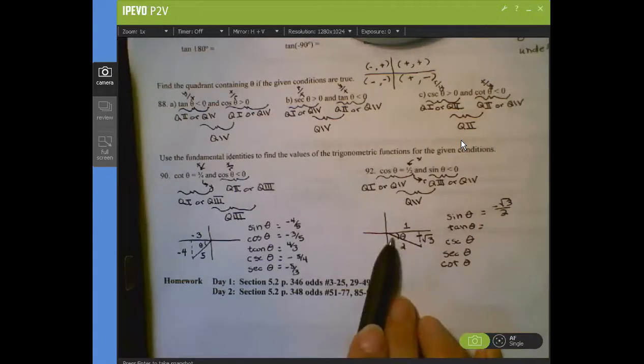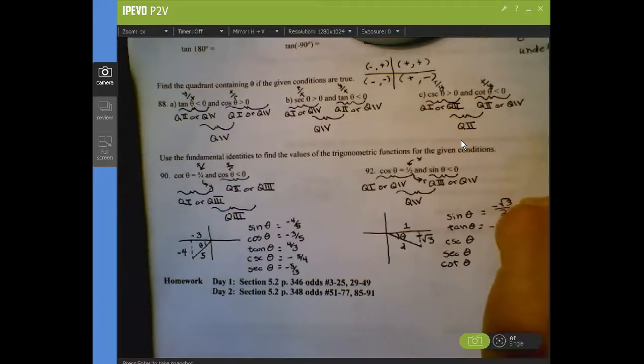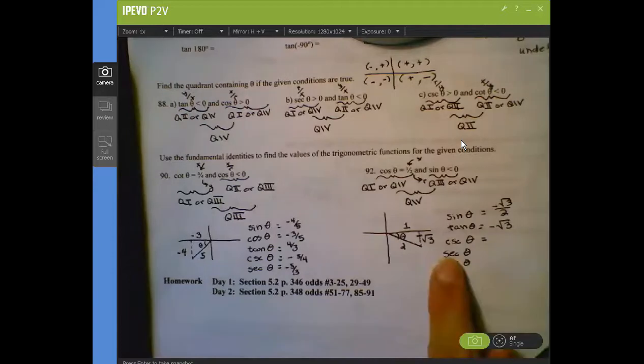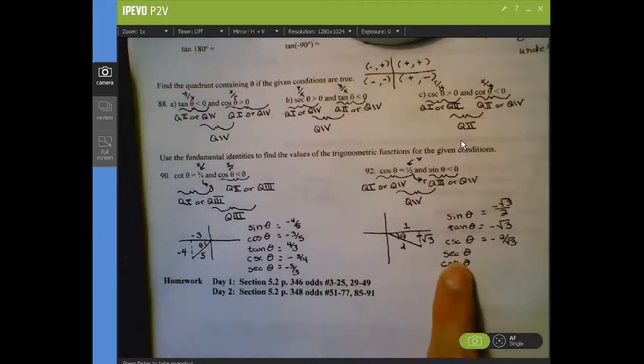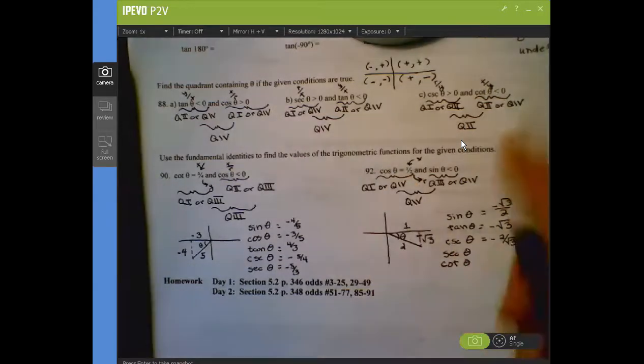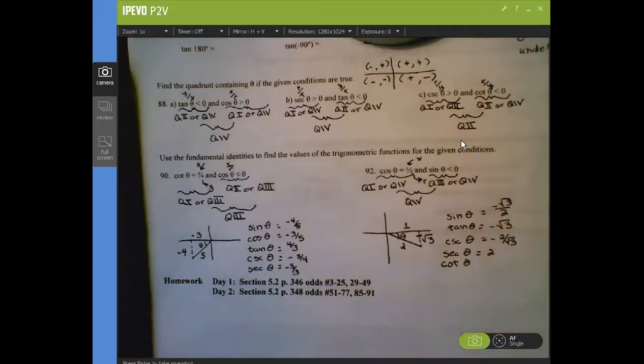Tangent theta is opposite over adjacent, just negative square root of 3. Cosecant is the reciprocal of sine. Secant is the reciprocal of cosine. And cotangent is the reciprocal of tangent.